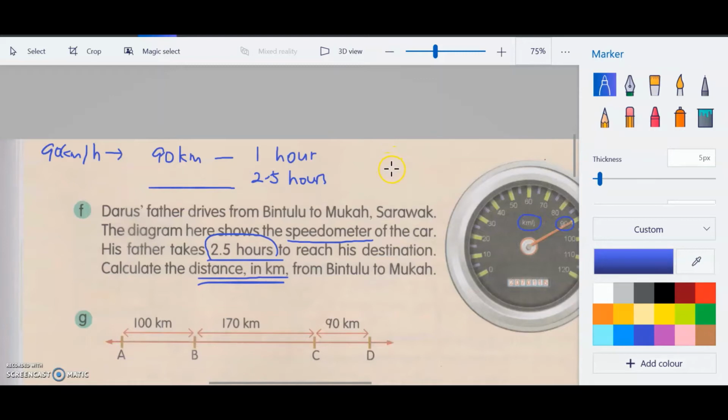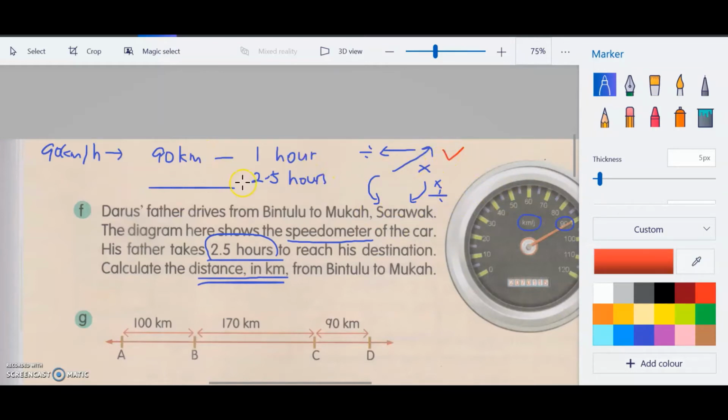The second way is you cross multiply and then you divide the left. The third way is finding the relationship between the top and the bottom in multiplication or division. Okay, let's try this method.